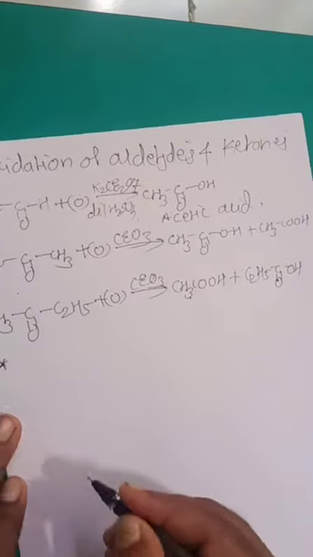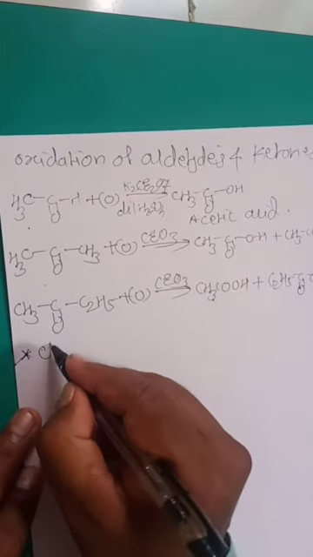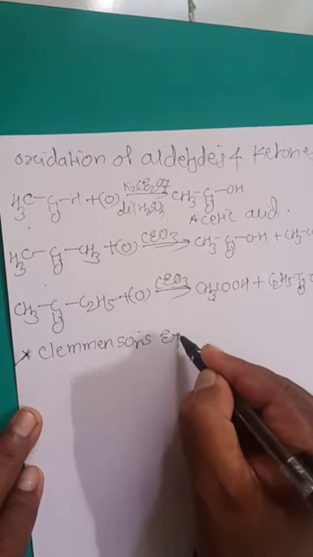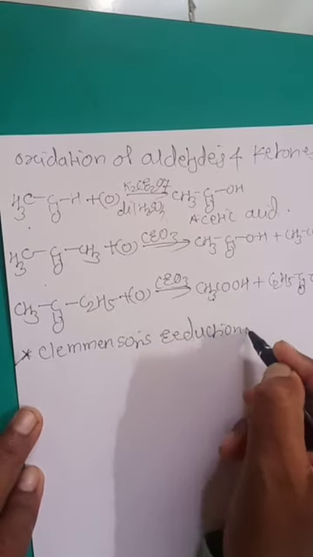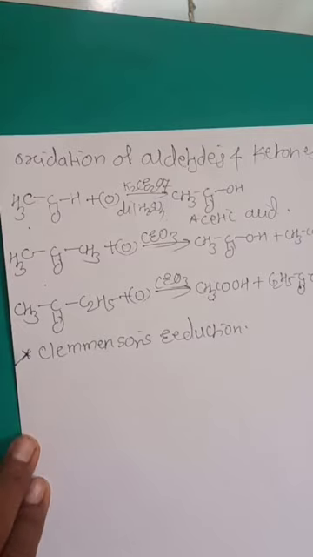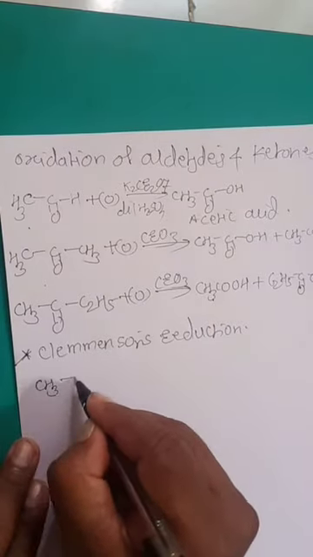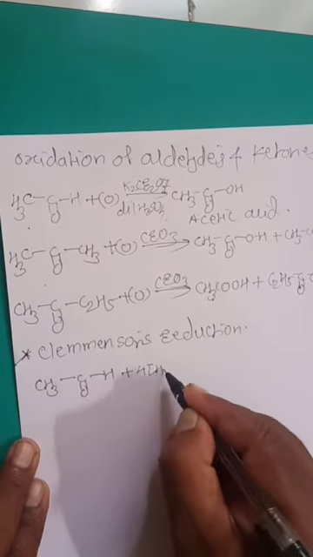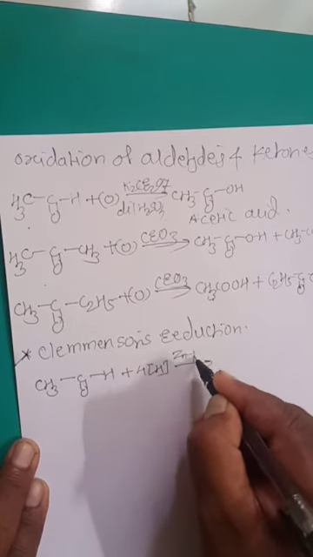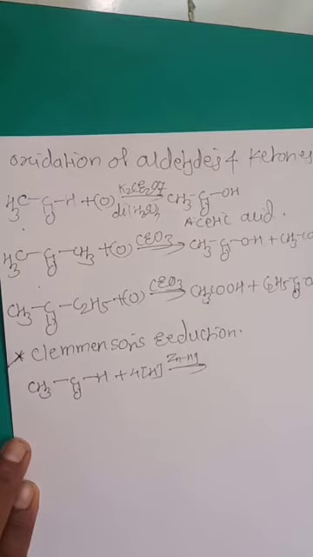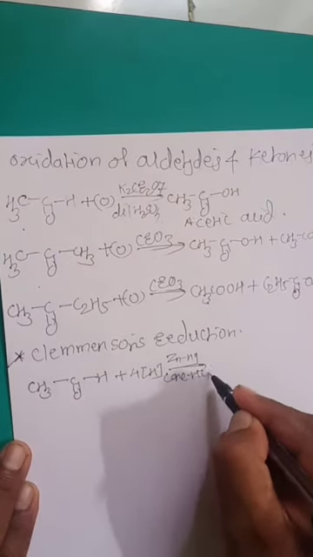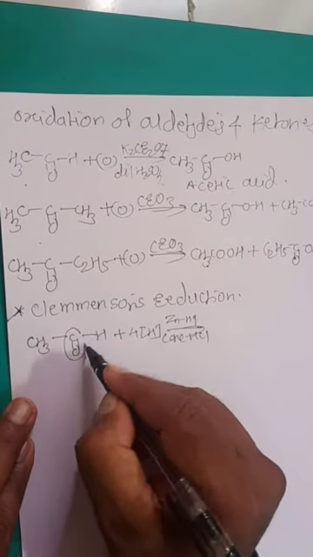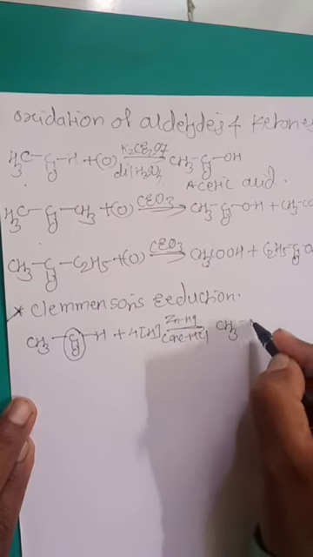Next reaction is Clemmensen's reduction. In this Clemmensen's reduction, when this aldehyde or ketone is treated with zinc amalgam and concentrated HCl, then this CO group is converted into CH2 group.